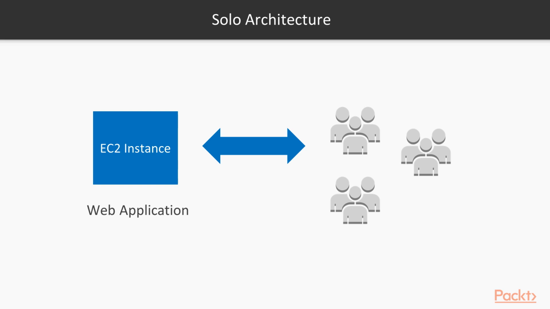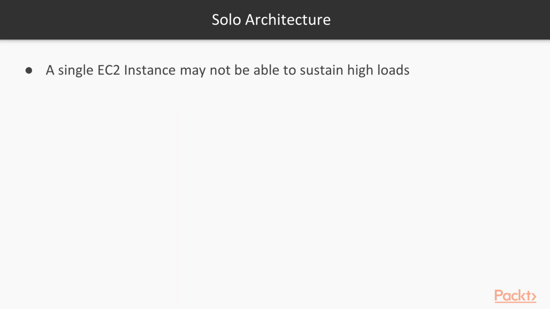Can it handle the load because of the increased number of users? It could be the case that your web application could go down because of the increased number of users. So sometimes a single EC2 instance hosting an application may not be able to sustain high loads.